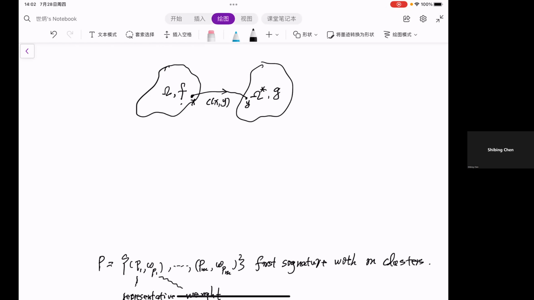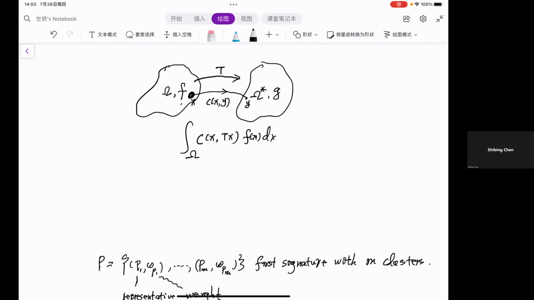For a transport plan, in mathematical language, we usually denote it as a mapping T from omega to omega star. Since you transport unit mass from x to T(x), the cost is c(x, T(x)). Then in each small portion you do the integration of c(x, T(x)) F(x) dx over the entire domain omega.